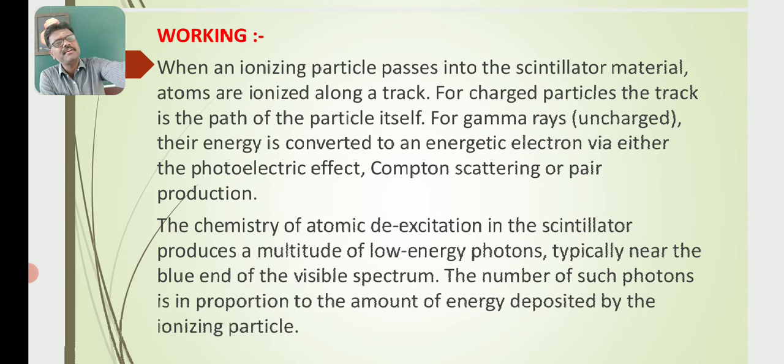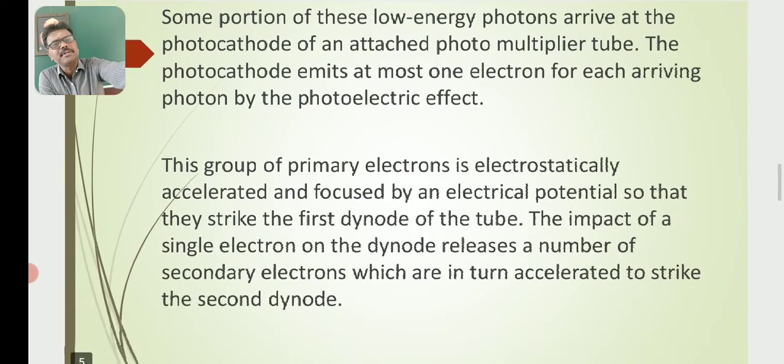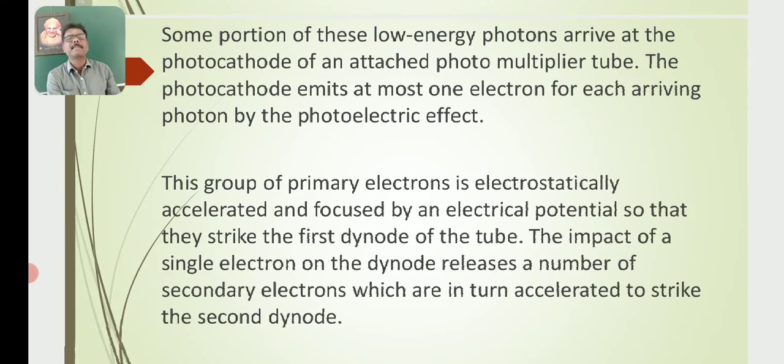Some portion of these low energy photons arrive at the photocathode of an attached photomultiplier tube, PMT. The photocathode emits at most one electron for each arriving photon by the photoelectric effect.